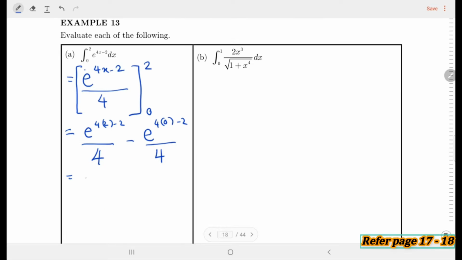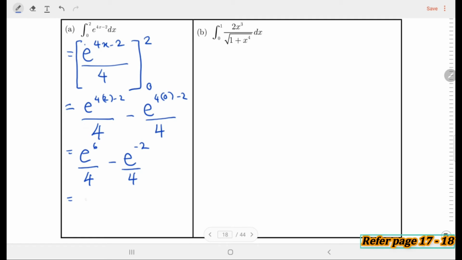It's going to be e to the power of 8 minus 2, which is 6, over 4, minus e to the power of 0 minus 2, which is negative 2, over 4. I could just simplify the answer into e to the power of 6 over 4 minus 1 over 4 e to the power of negative 2.